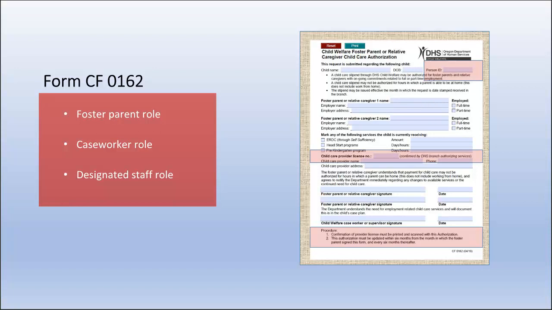If there is a child care provider license number, we would want that to be verified in the middle of that form. And finally, follow the procedure at the bottom, which lets you know that once this is all completed and signed, it should be printed, scanned into ORCIDS, and then uploaded to the child's file cabinet. That is what those designated staff people would be doing.